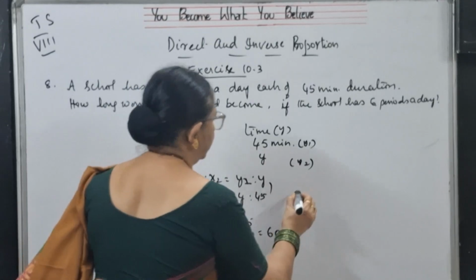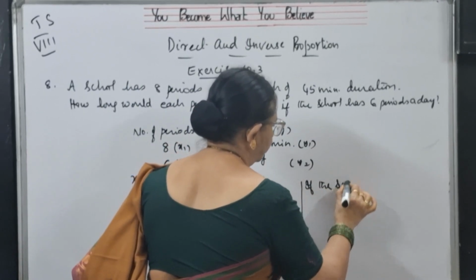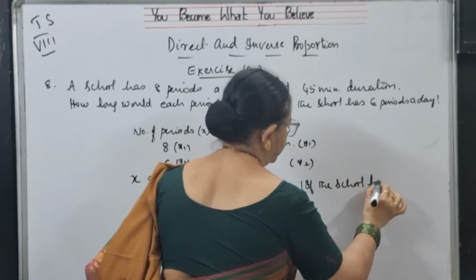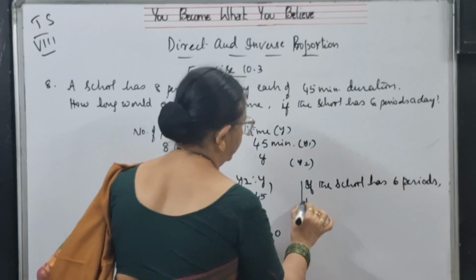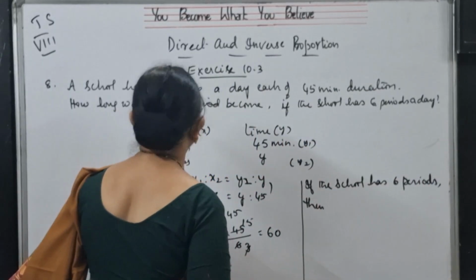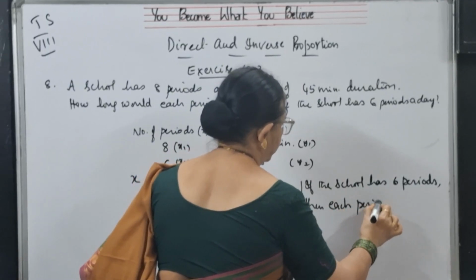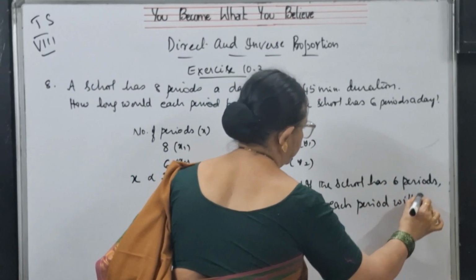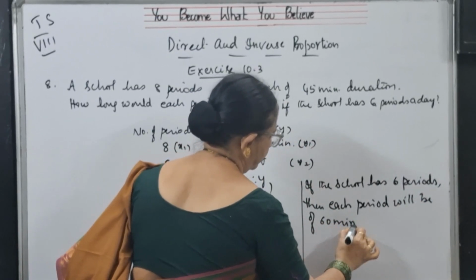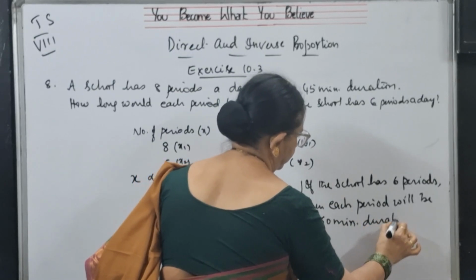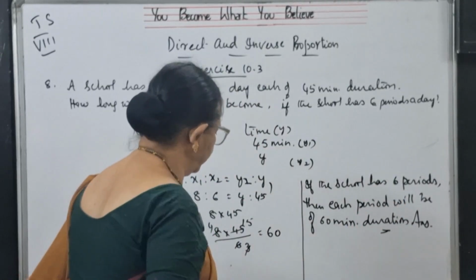So what you can say, if the school has 6 periods, then each period will be of 60 minutes duration. This is the answer for this problem, children.